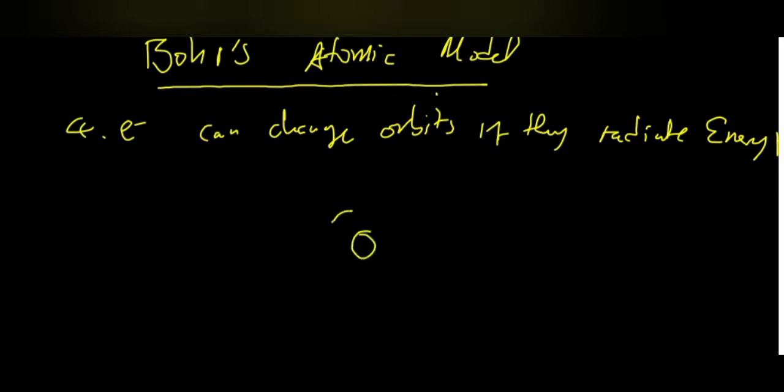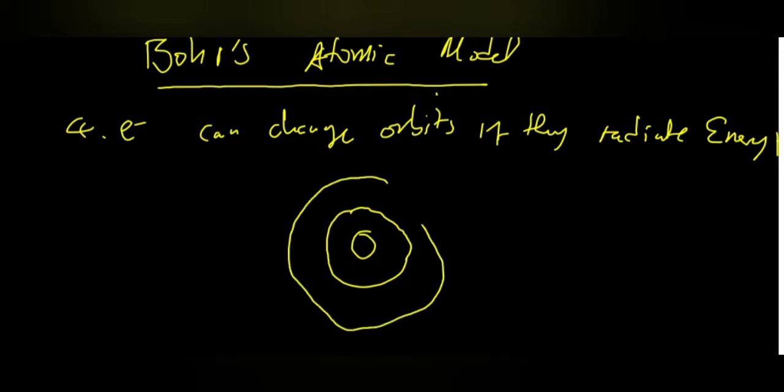Sorry, my drawings might not be to the standard, but I hope it helps us. If you have got this as your atom, let's say this is the nucleus and this is our first shell, n is equal to 1, and this is our n is equal to 2.